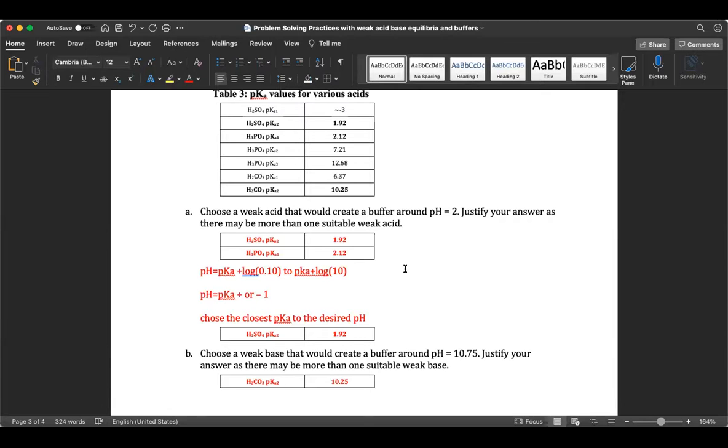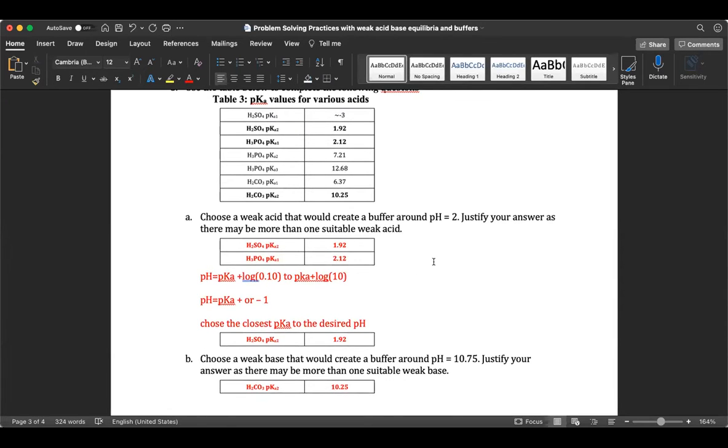I can share my screen. The lowest value for the buffer has to be this, and the highest has to be this. So it's pKa plus or minus 1.